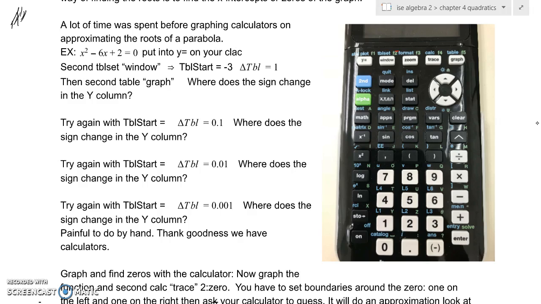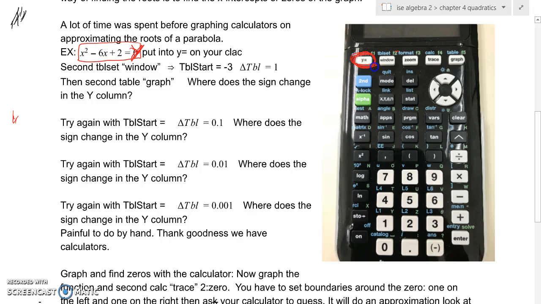Where I want you to start is by putting our equation here into our calculator for y equals. So our y is going to be the 0. So here's our y equals. We're going to plug that in for y1 in our calculator.